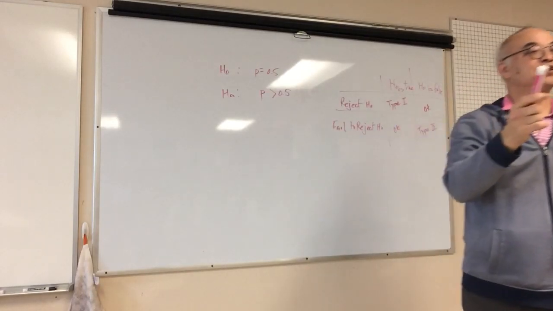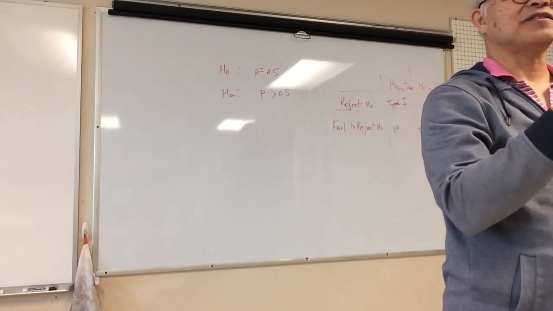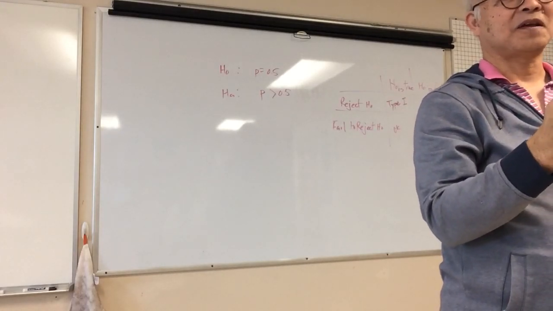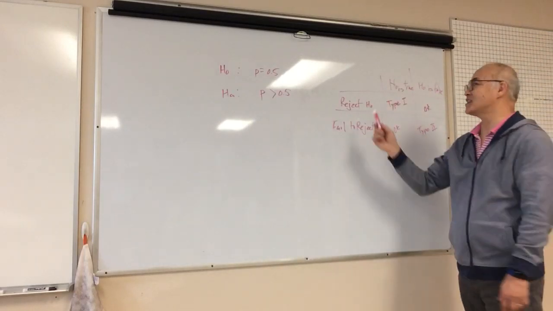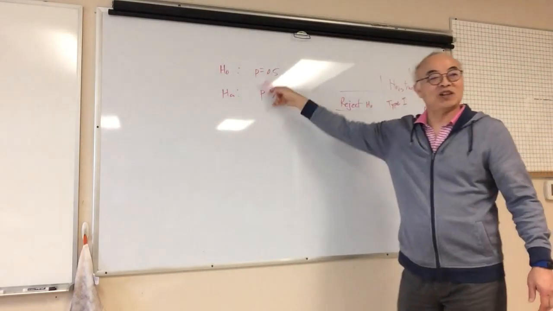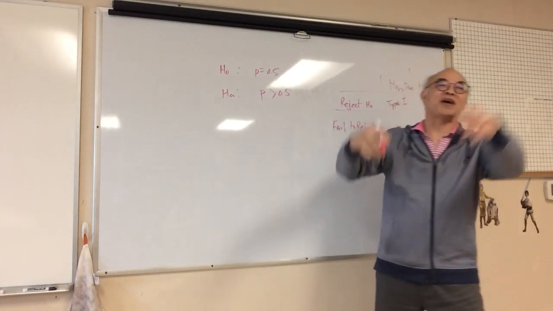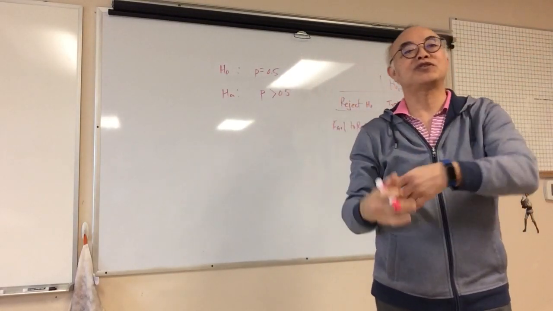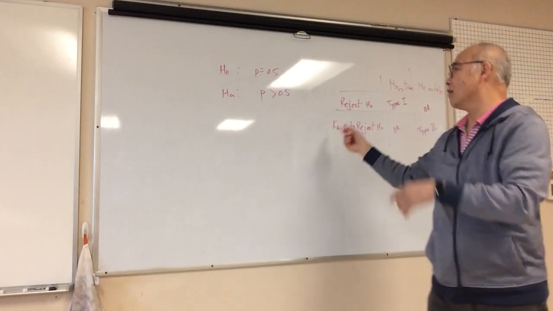Meaning that the medication does not work, and I'm going to say that it works. So the medication actually does not give you a larger probability of having a daughter, but I'm going to say, oh yeah, it works. So if you want a baby girl, you should keep on taking this drug. So that would be a type 1 error.